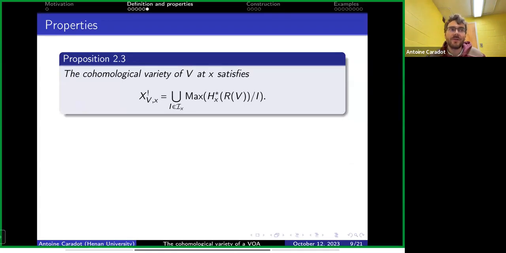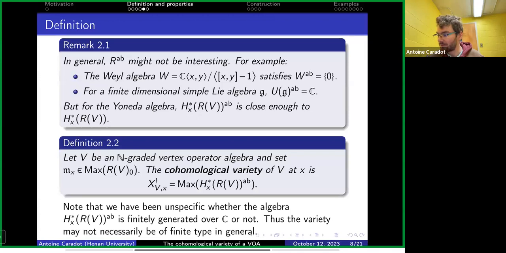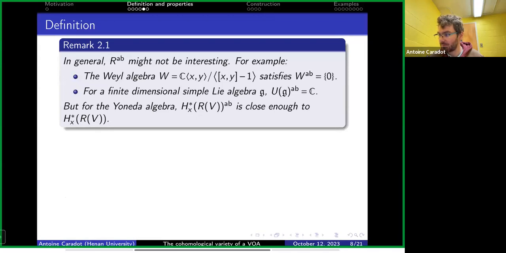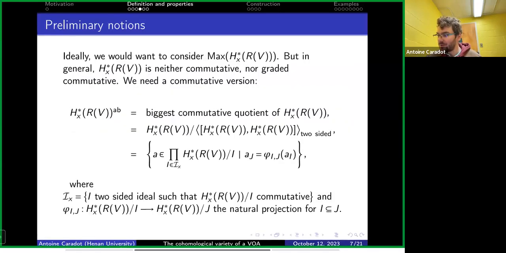So as I mentioned, the interesting aspect of the description by the inverse limit is that each of your components, if I go back to the inverse limit description here, each of those components will give you a subspace inside your cohomological variety.